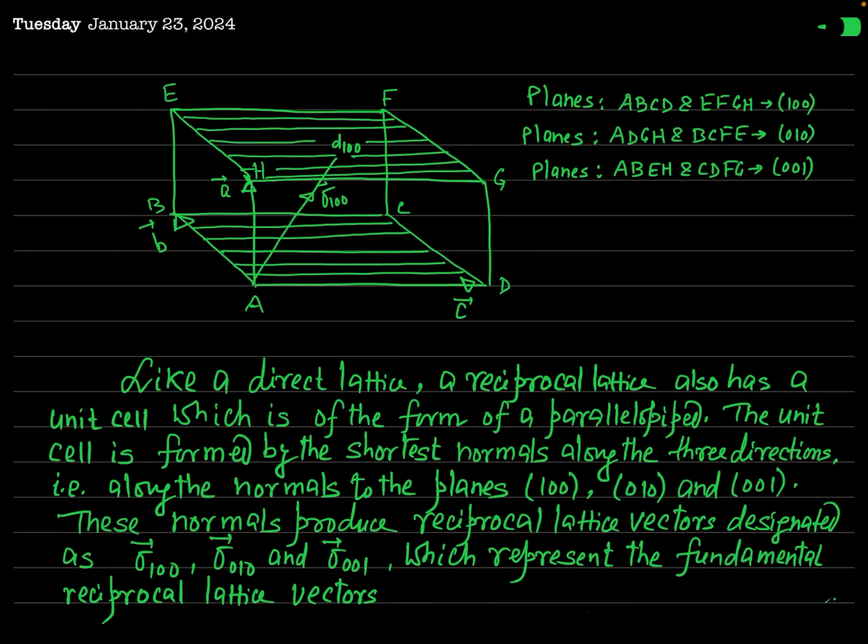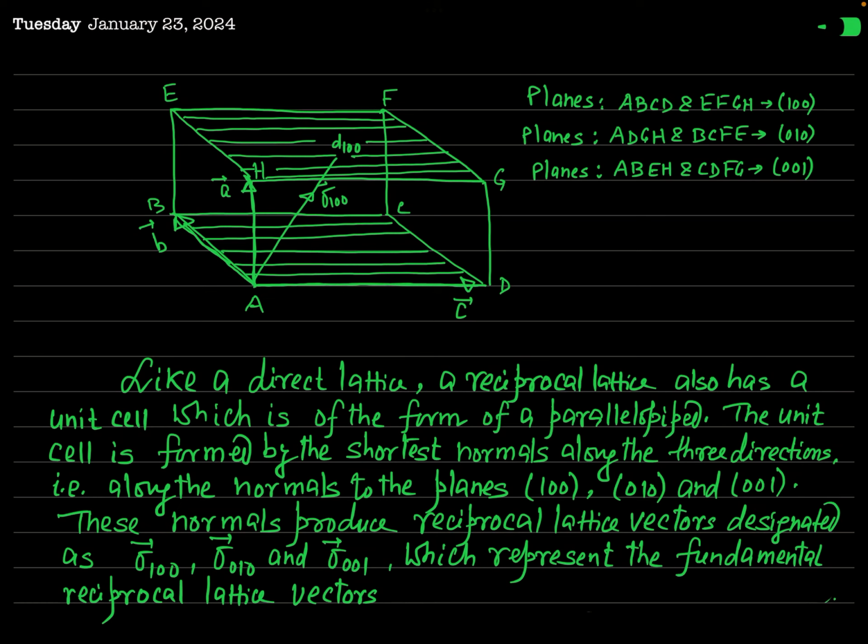In case of direct lattice, you know that the primitive translation vectors are A, B, C. This A represents the first primitive translation vector, this B represents the second, and this C represents the third primitive translation vector in case of direct lattice.